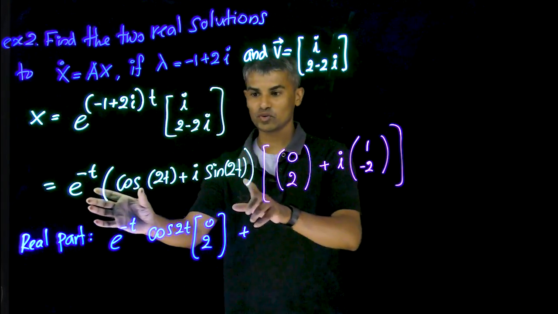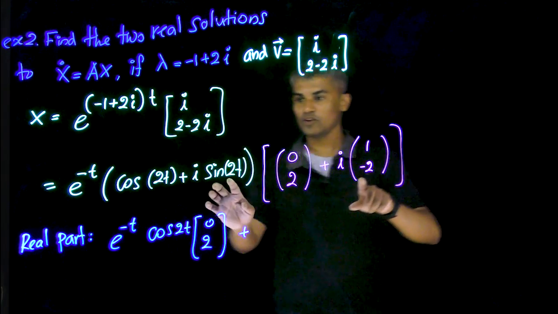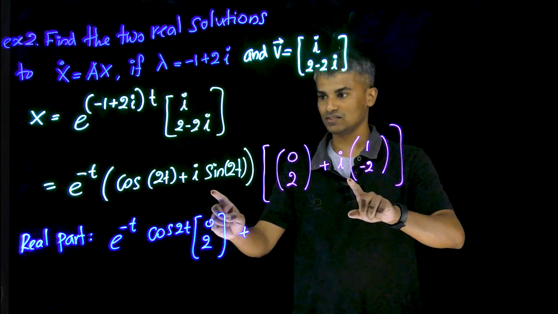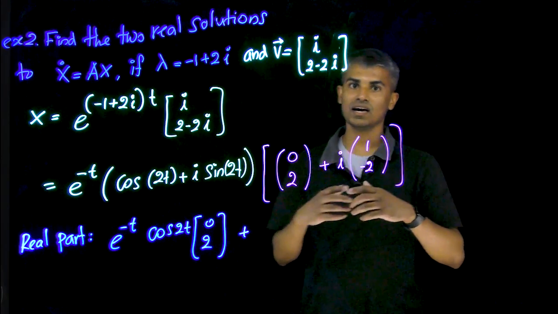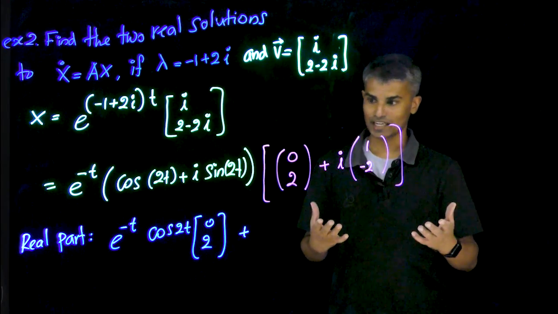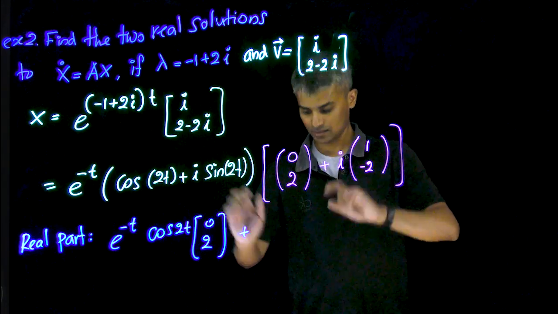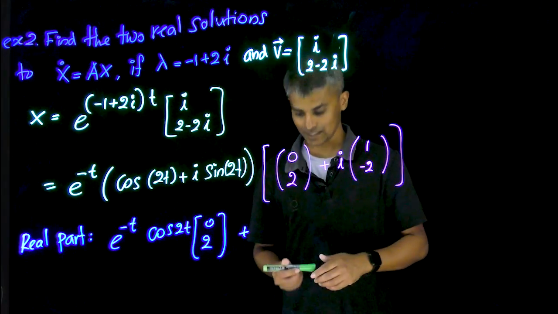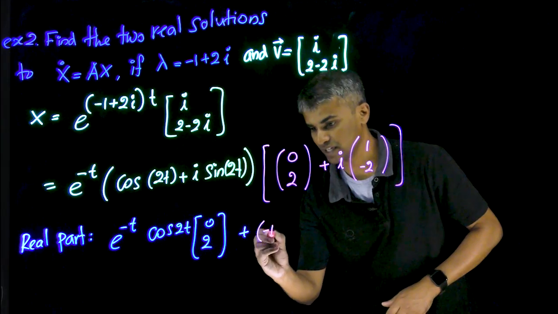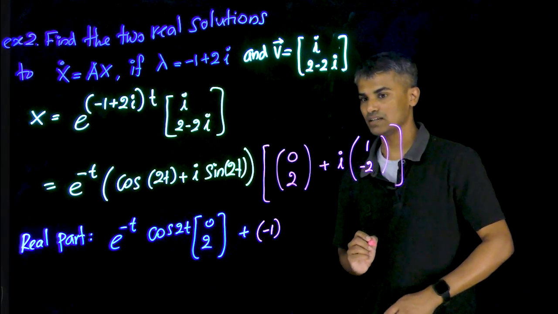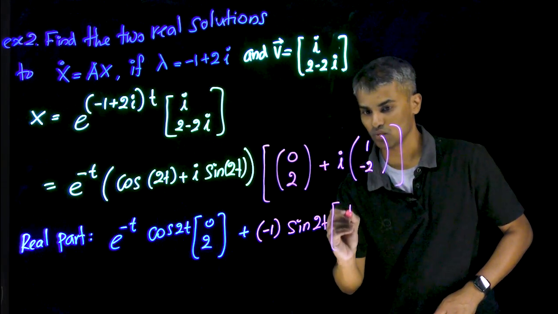Of course if you multiply two real parts you will get a real solution, plus if you multiply two imaginary terms you will get another real part, because i times i equals i squared, which equals -1. So if you multiply this component with this one you will get another real term, and it will be a negative quantity, -1, then sine 2t times (1, -2).